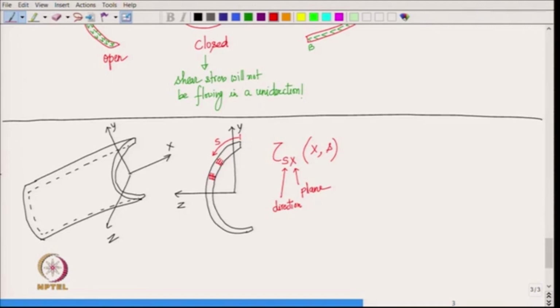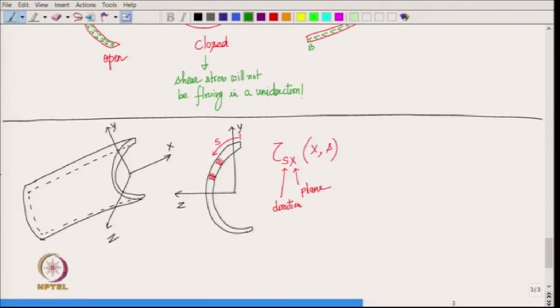So, to find the formula for tau S x, we are again going to carve out a small element from the entire beam, and in this case we again take a green element which is something like this.